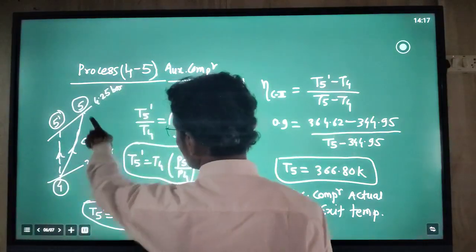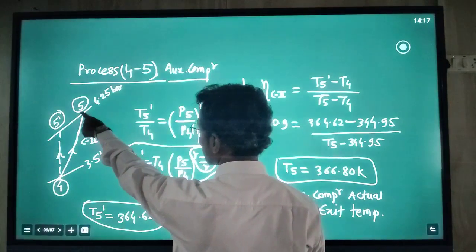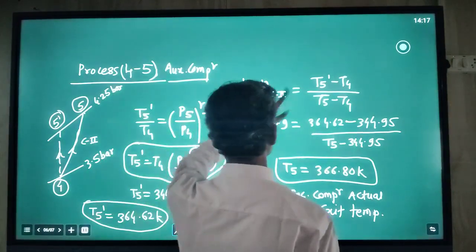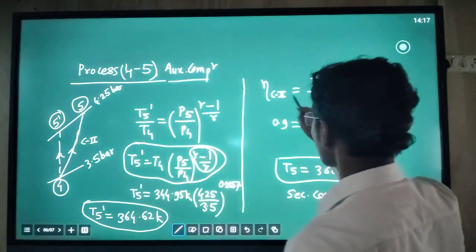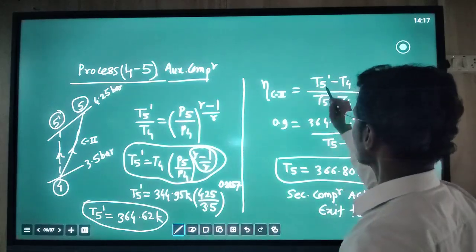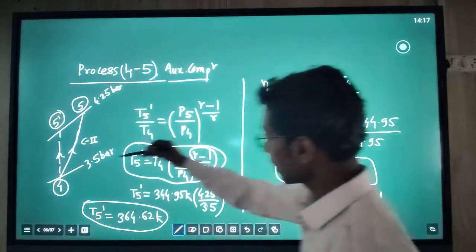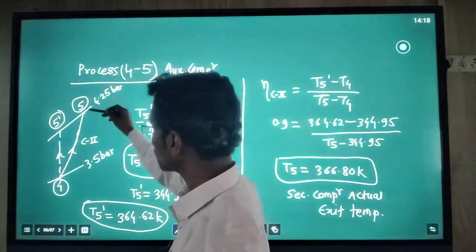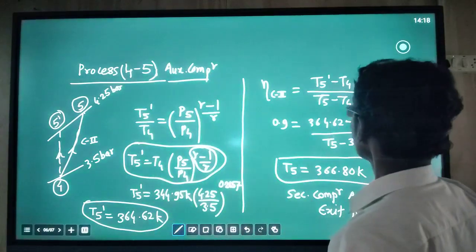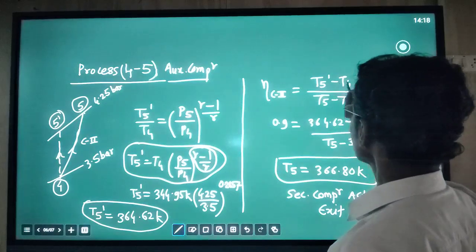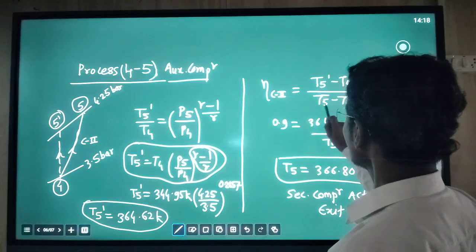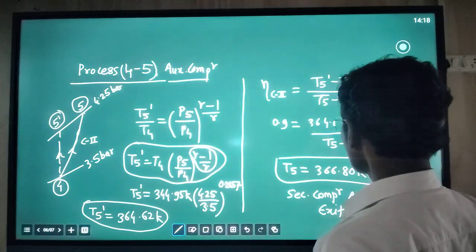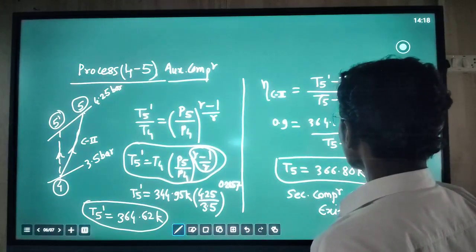Now to find the actual exit temperature of the second compressor, we have to use the efficiency formula for the second compressor. For the second compressor, the efficiency concept is the ideal temperature rise divided by the actual temperature rise. So this is the ideal temperature rise, T5 dash minus T4, and the actual temperature rise, T5 minus T4. Here the unknown is T5.